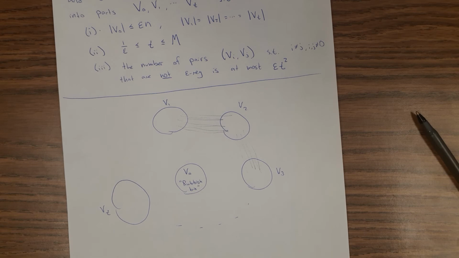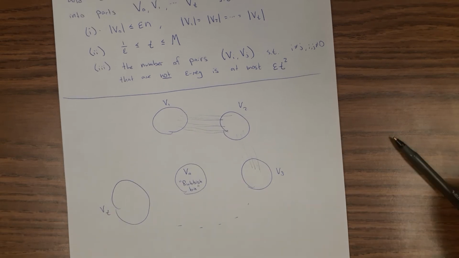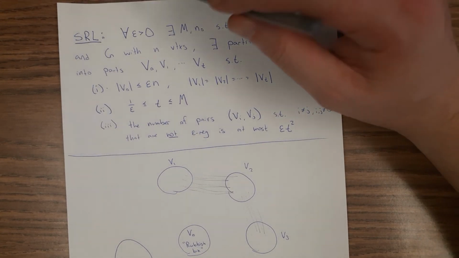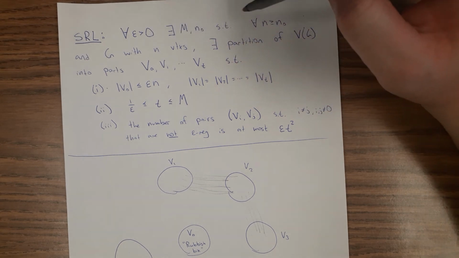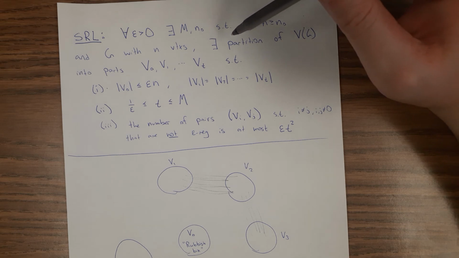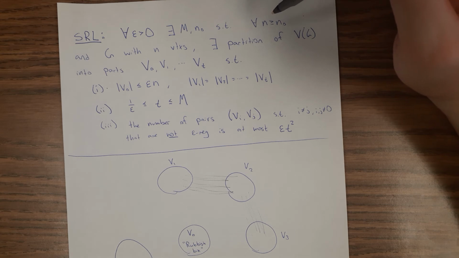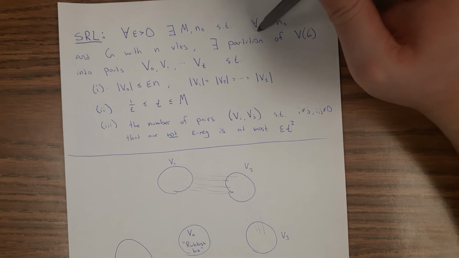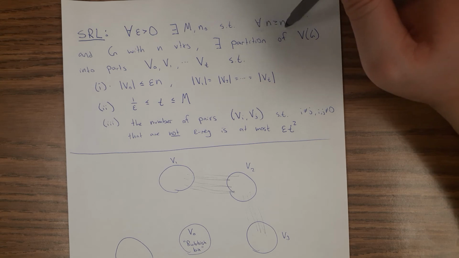And I guess the amazing thing about the regularity lemma is that, of course, it's hard to parse all of the order of quantifiers here. There's like a for all, there exists, for all, there exists. It gets a bit tedious, but one amazing thing about this is that n can be arbitrarily large here.